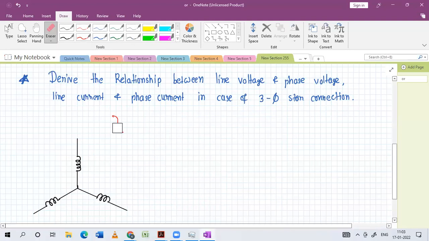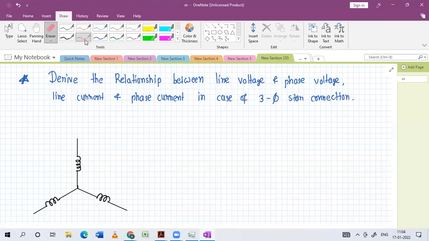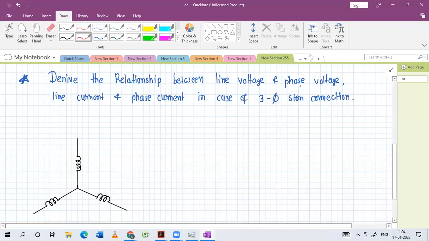So now we will start. Here we want to derive the relationship between line voltage, line current and phase current in case of a three-phase star connection. So consider that I have an R phase. That is the R terminal, and you can see it is R dash. So it is one phase, with its starting and its ending.